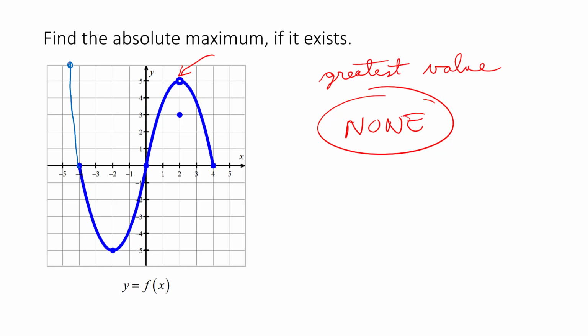This point here is not a local or relative maximum, but it is an absolute maximum. So if this graph did go way up here on the left, we would say the absolute maximum is y equals 6. Okay, so we don't have to have a mountain situation to have an absolute maximum.